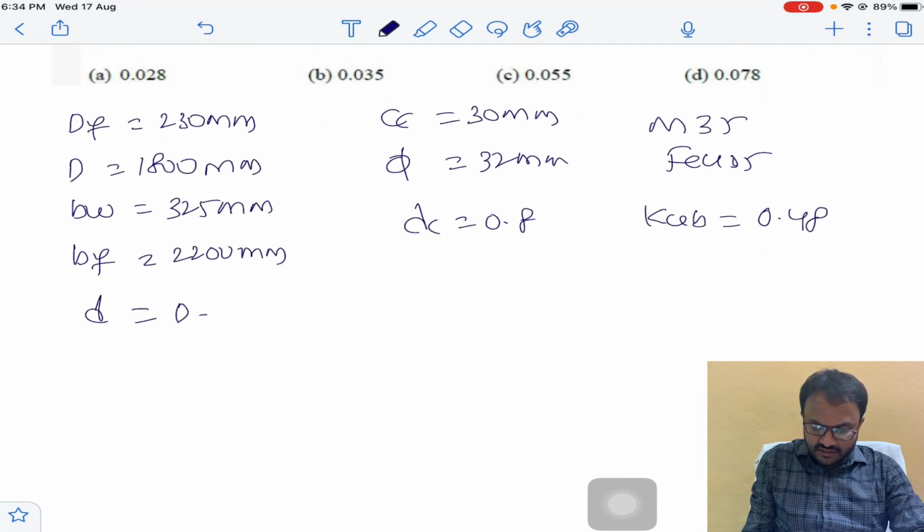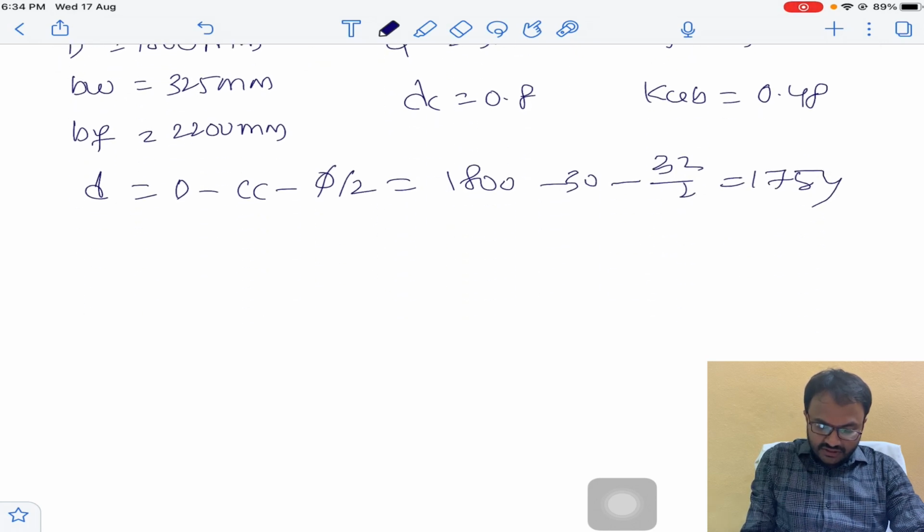So effective depth is equal to overall depth minus CC minus phi by 2. This you already know from the last assignments. 30 minus 32 by 2, you will get 1754.